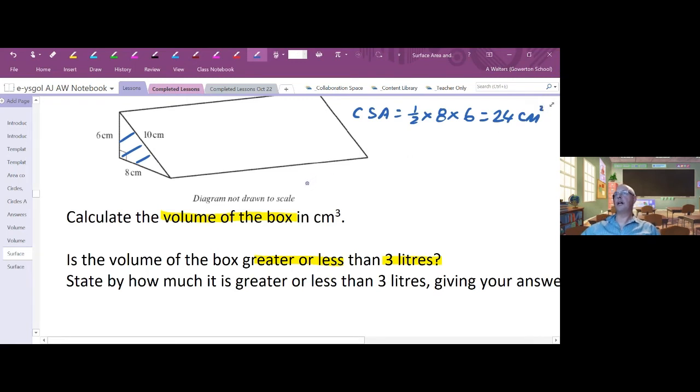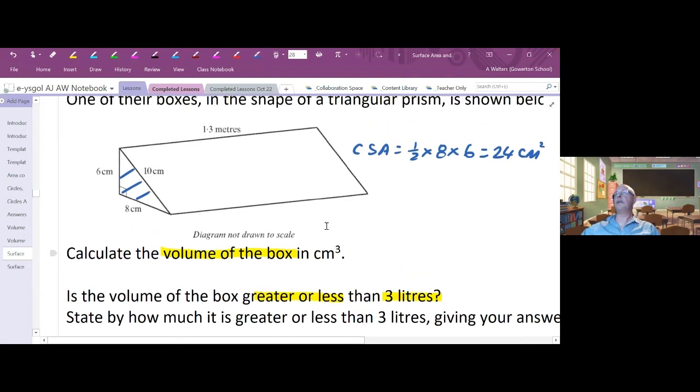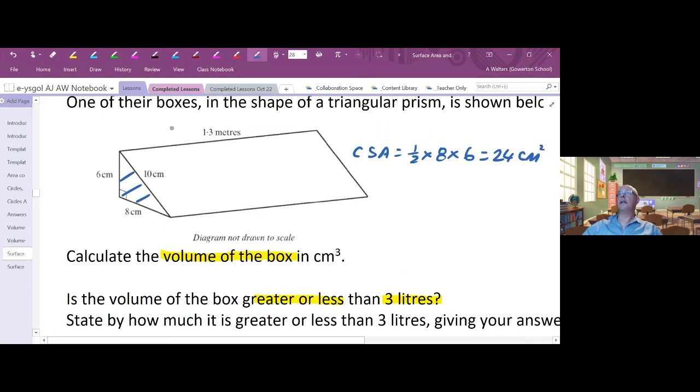the triangle. Now, something that catches people out, the distance back is said here to be 1.3 meters, but we are working with centimeters there. So I need to change the 1.3 meters into 130 centimeters.